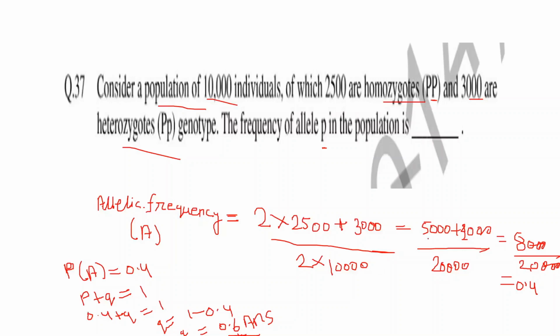It gives 5000 plus 3000, divided by 20,000, equal to 8,000 divided by 20,000, which gives 0.4. So p is 0.4. As you all know from the other formula, p plus q should be 1. So 0.4 plus q equals 1, then q equals 1 minus 0.4, so q equals 0.6 will be your correct answer.